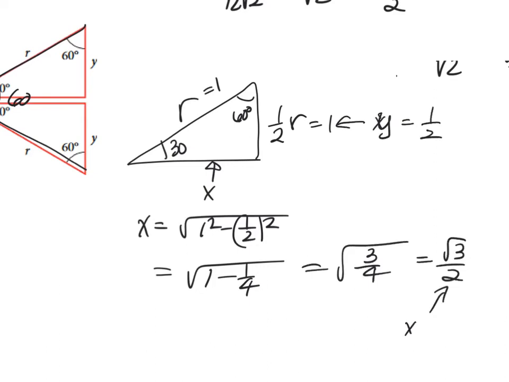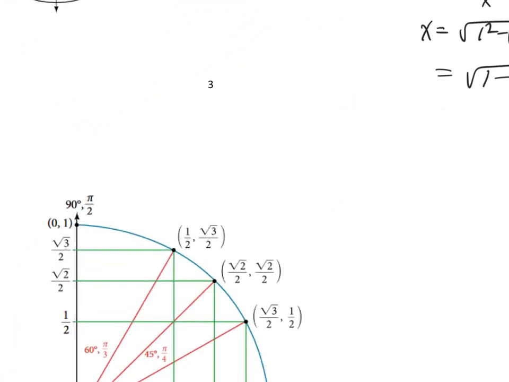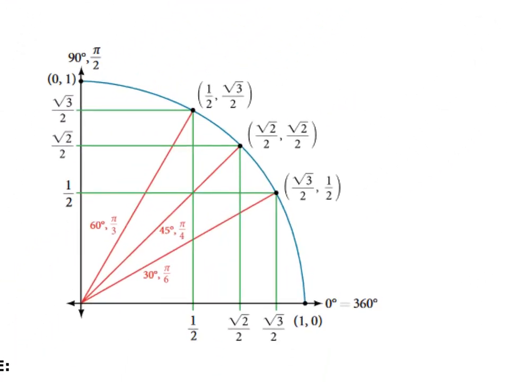Does that make sense? So we end up with, in the first quadrant, these angles and these answers for the angles. If we're doing the cosine of 30 degrees, square root of 3 over 2. The sine of 30 degrees is 1/2.